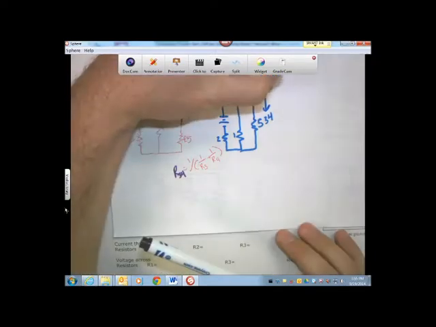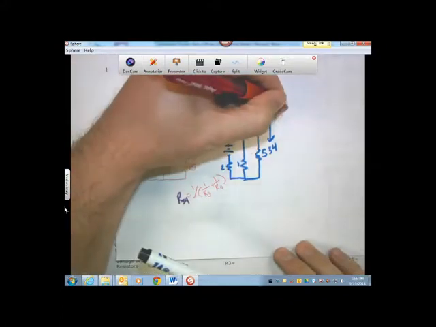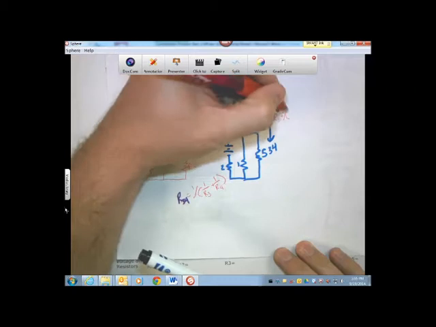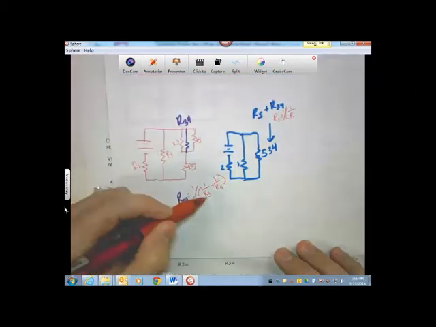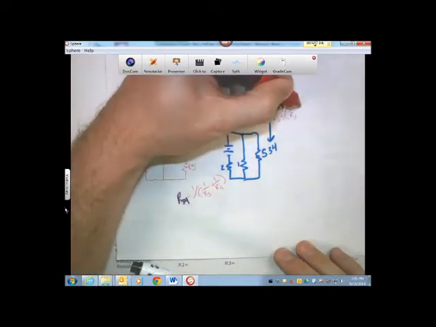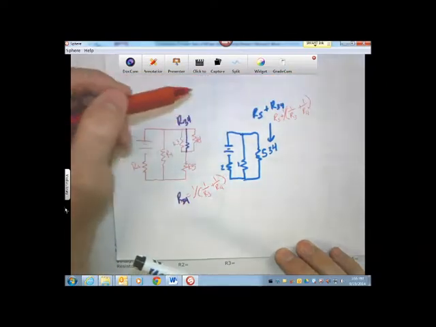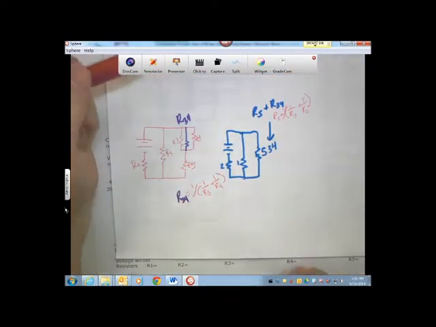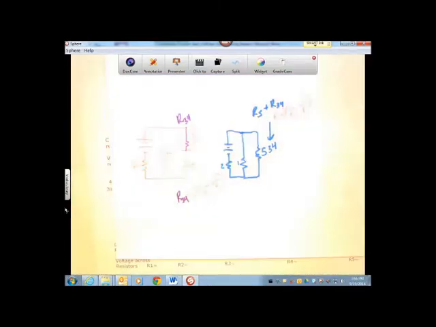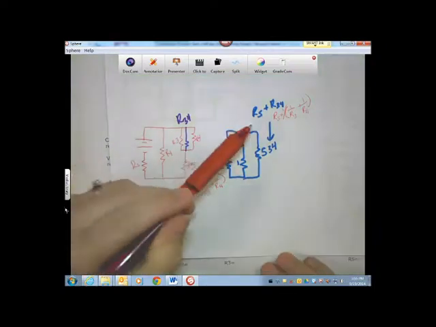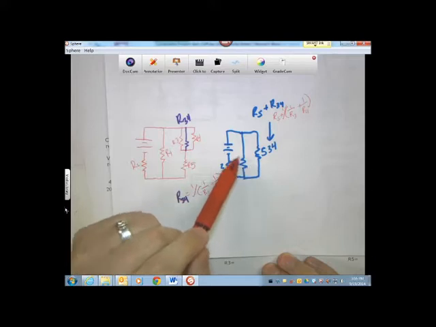As R5 plus 1 over 1 over R3 plus 1 over R4. So once we are able to calculate those, we can then put this resistor in parallel with this resistor.